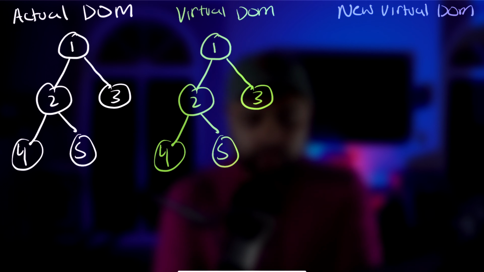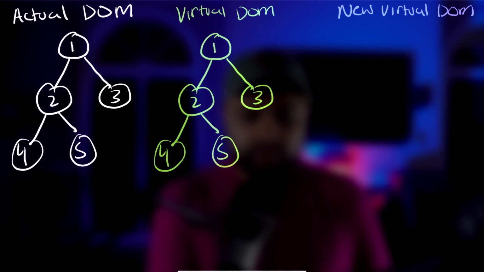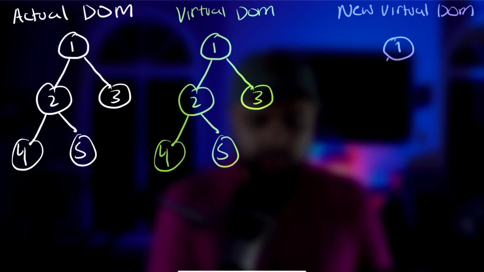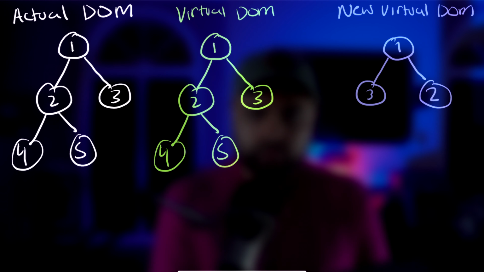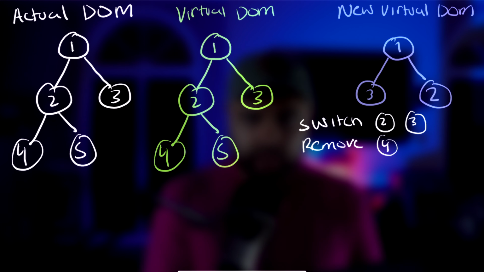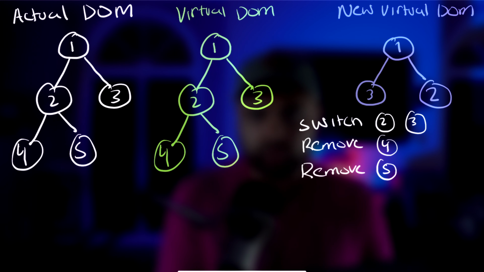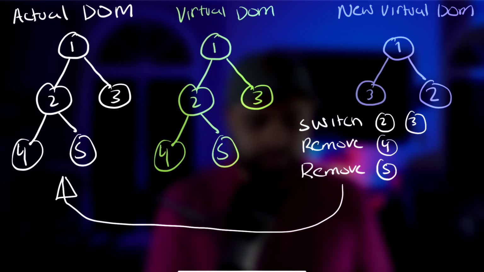So if the user does something that produces a new version where node 2 and 3 are switched and node 4 and 5 are removed, what React will do is try to diff the differences between what the actual DOM looks like and what changes are being made to the virtual DOM. Figures out what are the updates that need to be made and then applies that to the actual DOM.